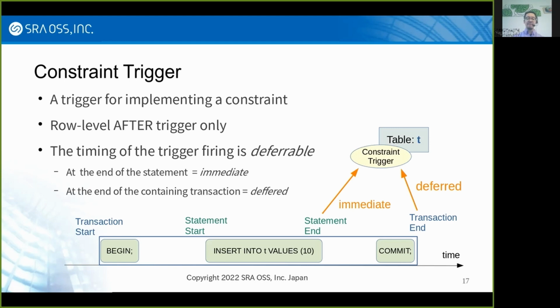There are two types of timing. When the constraint trigger is fired at the end of the statement, this is called immediate. And if the constraint trigger is fired at the end of the transaction, this is called deferred.